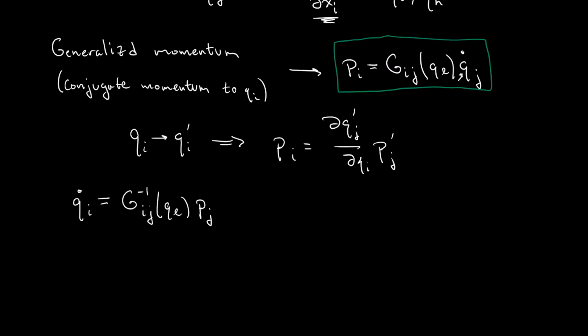And I define g inverse so that g_ik times g inverse kj just gives me a Kronecker delta. So you can see that if I take this expression and multiply both sides by g inverse and sum over one of the indices, I get exactly this.